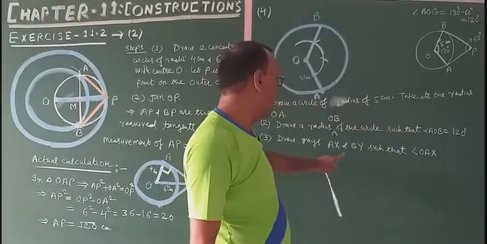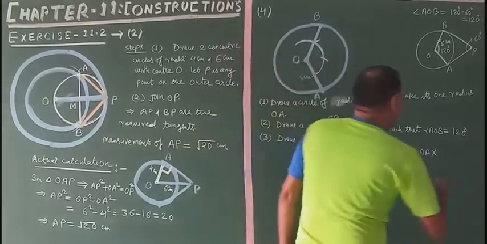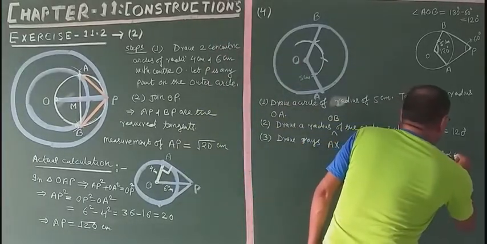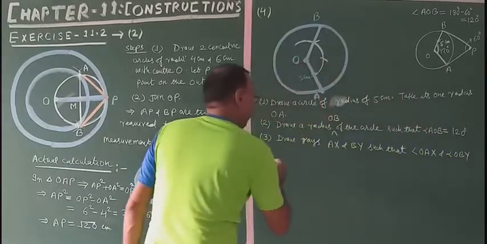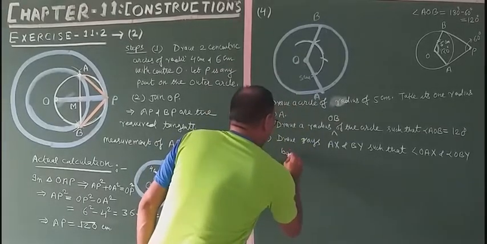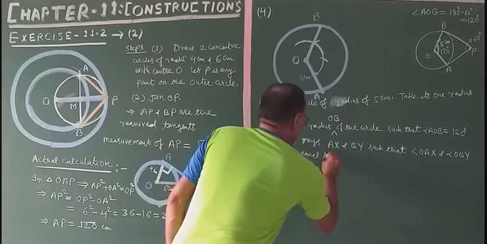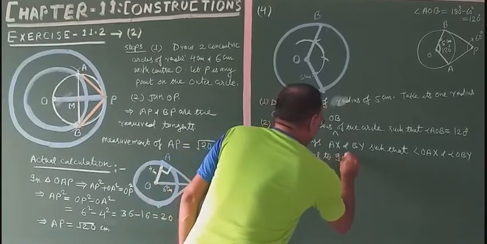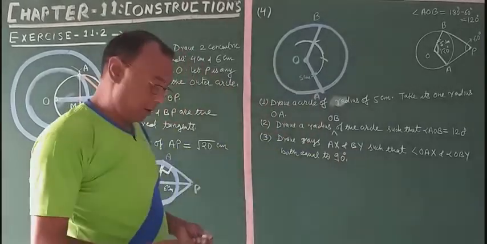Draw the rays AX and BY such that angle OAX and angle OBY are both equal to 90 degree.